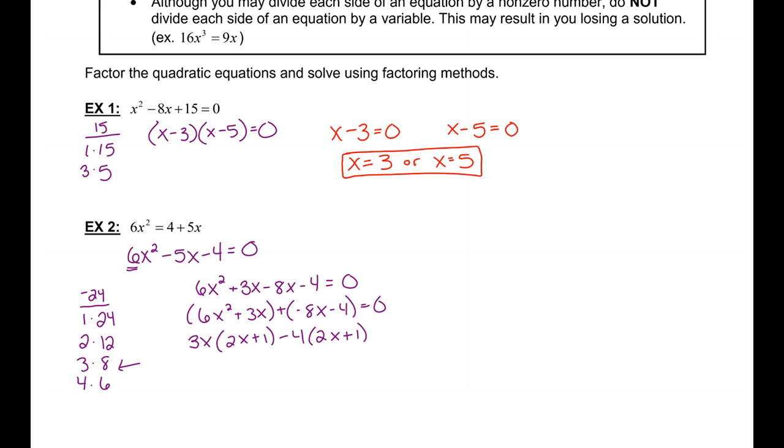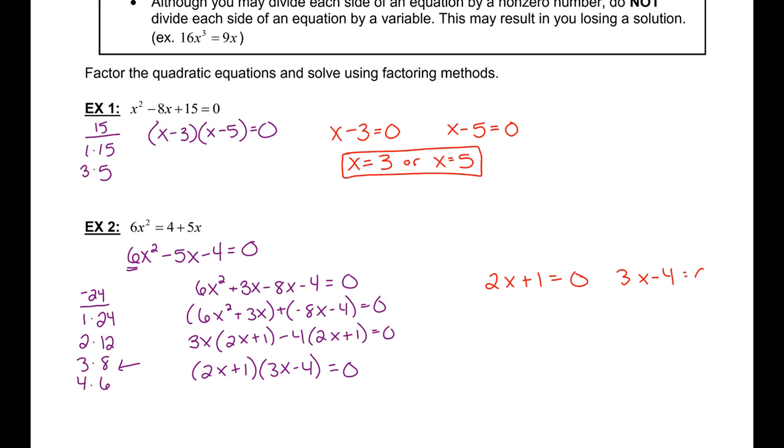So this factors to 2x plus 1 and 3x minus 4. Now that we've factored, we're going to take each factor and set it equal to 0 and solve them separately.